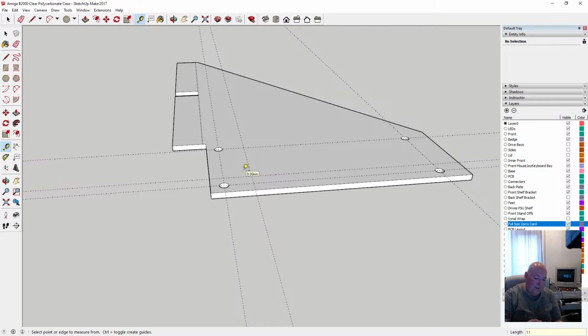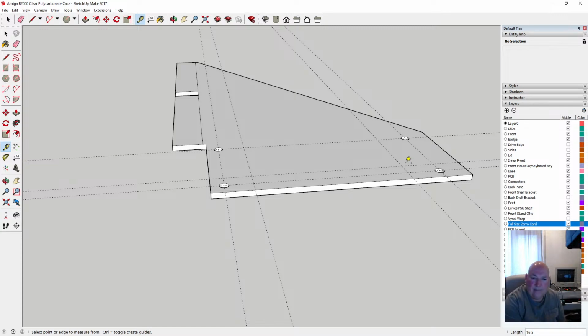What have we got from the other side? 16.5 for some reason. Could it be 16? No. 16.5. Don't know why that. Maybe they were constrained. No. Could have gone anywhere.